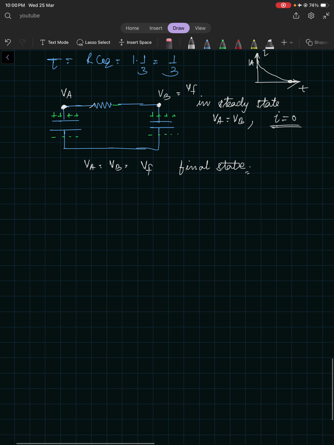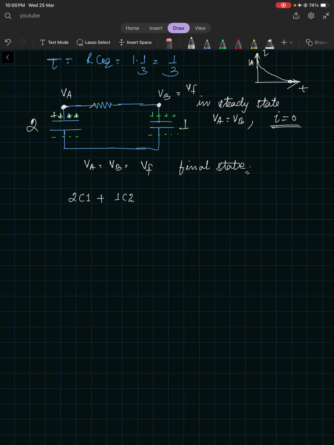Initially, let's see what charge was present. The charge present in the circuit would be the same. What was the initial charge in the system? It was 2 volts and 1 volt, so the initial charge was 2 into C1 plus 1 into C2.